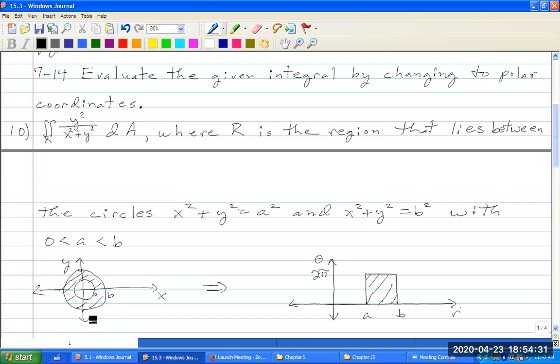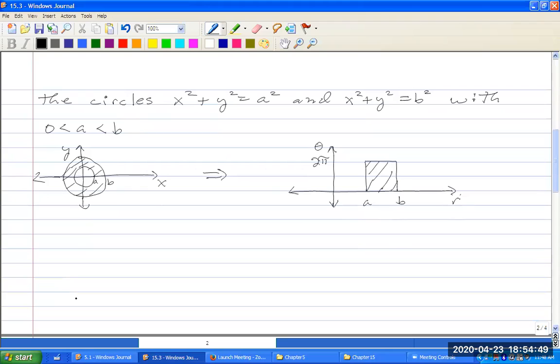So I have the region here that lies between two circles. x squared plus y squared equals a squared, and x squared plus y squared equals b squared, where a is between 0 and b. And so it's this region R, which is this little annulus between these two circles.